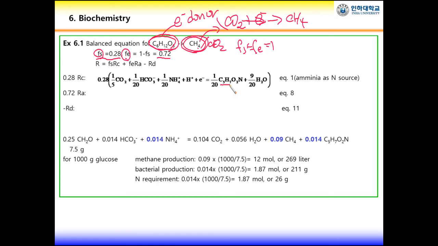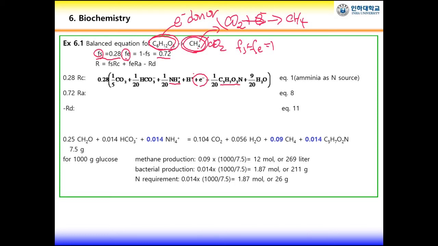And to make one mole of cells, you need about 20 electron equivalents when the nitrogen source is ammonia. If you have a different nitrogen source, such as nitrate or nitrite, you will have slightly different half reactions. You have it in the half reaction table given in chapter 2, so you'd better practice.